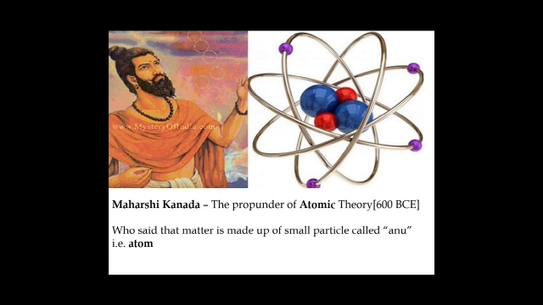Maharishi Kanath suggested that everything can be subdivided, but the subdivisions cannot go on forever and there must be smallest entities that cannot be divided. He conceptualized the idea that matter consists of indivisible units and cannot be further divided into smaller particles. He said that matter is made up of small particles called anu.